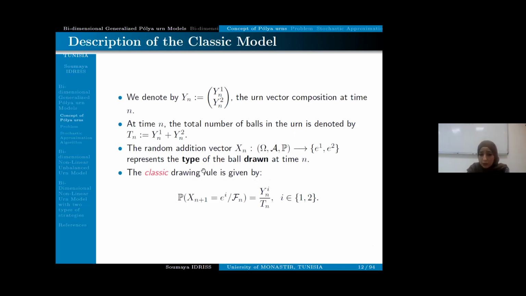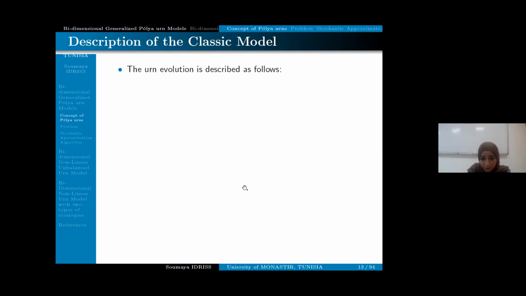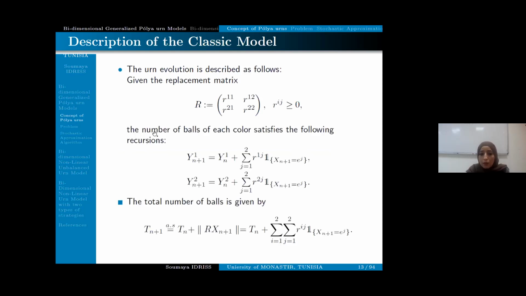The classic drawing rule is given by this uniform quantity. This rule is called the linear drawing rule. The urn evolution is described as follows. Given a replacement matrix, the number of balls of each color satisfies the following recursions, and the total number is given by this almost sure quantity.